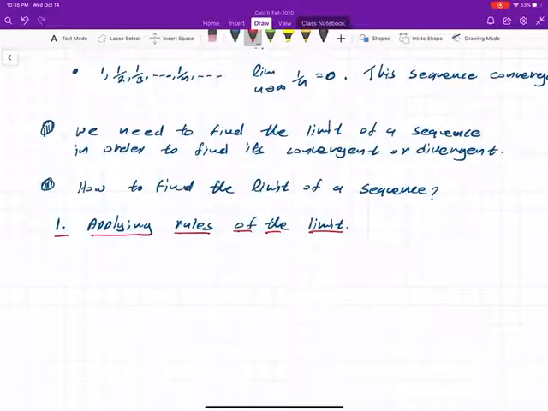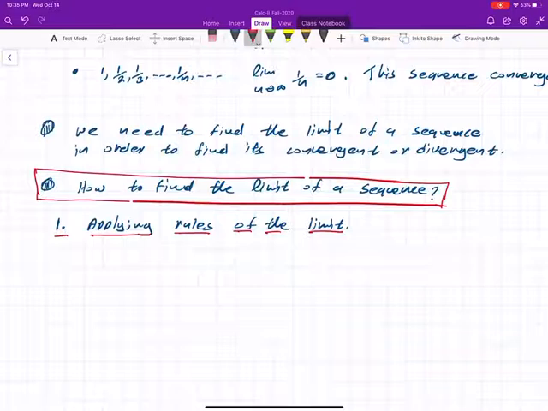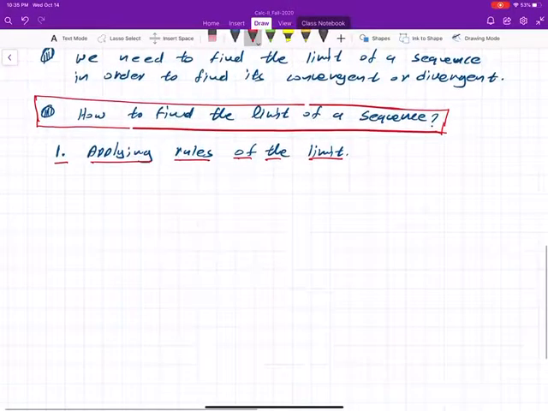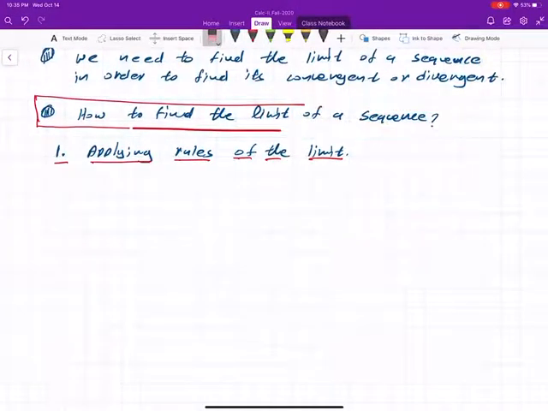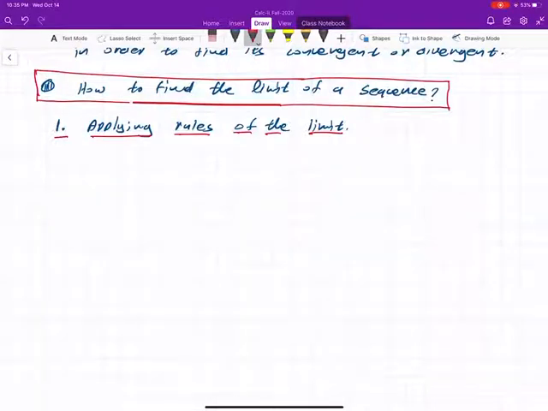Okay, so this is the question we had. All right, so the first case is applying rules of the limit.